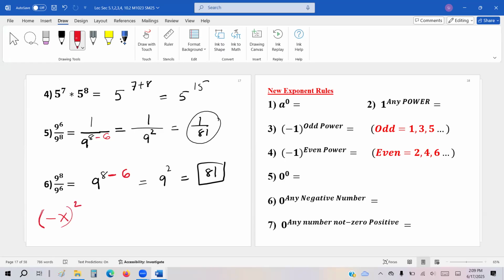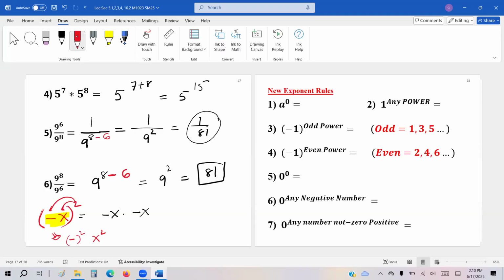Since you have a parenthesis, that means everything inside the parenthesis is your base. So you have two choices: either you rewrite it as negative x times negative x, or you distribute the power. If you distribute the power, this is the same as negative squared and then x squared.